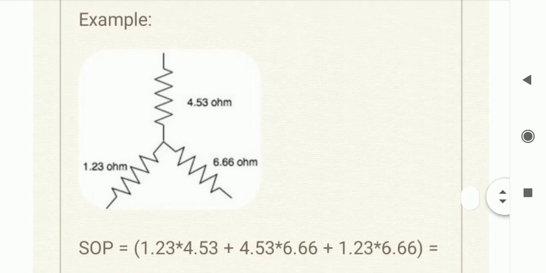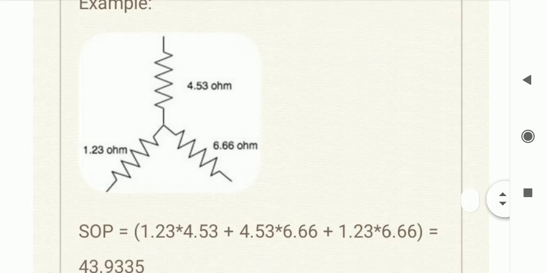Here is given the star network having resistances 4.53 ohm, 1.23 ohm, 6.66 ohm. As I have said in the rules before, the first point is to find the SOP.